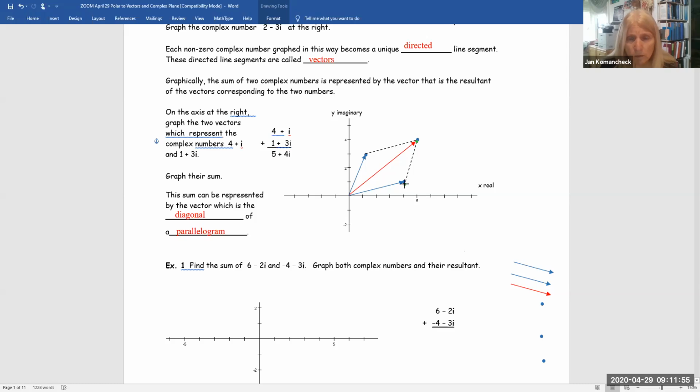Yeah, this was the first vector. You can see that the resultant, the sum right here, the final answer is the diagonal of the parallelogram. Does anybody know how this is used in physics?